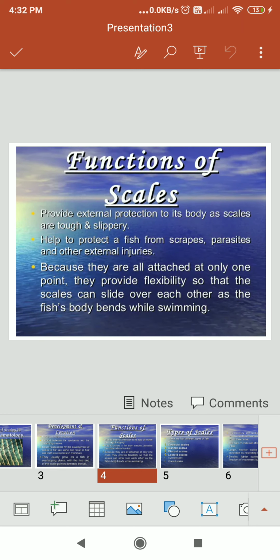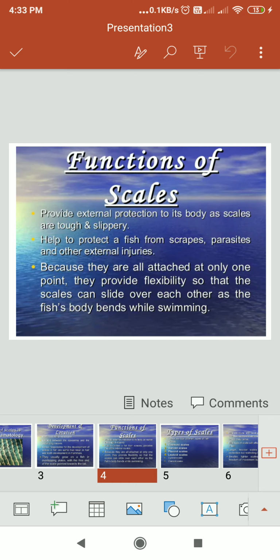And the question will arise in the mind: what are the uses, the importance and the function of the scale? It provides external protection to the body as scales are tough and slippery. It helps to protect a fish from scrapes, parasites and other external injuries.